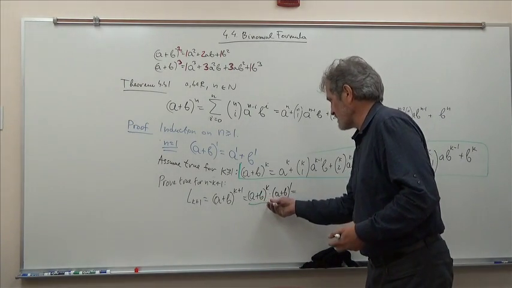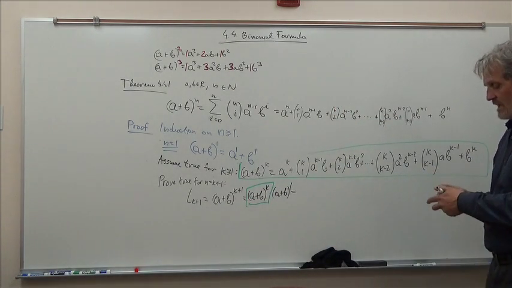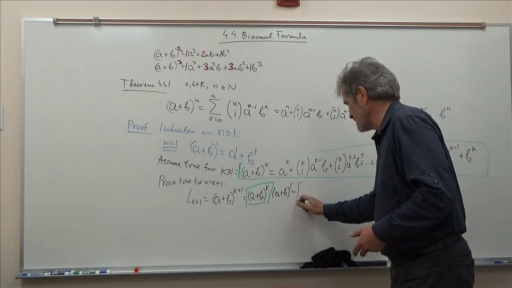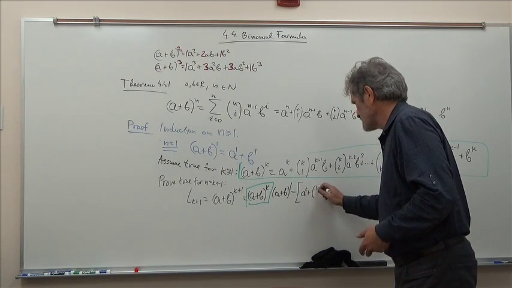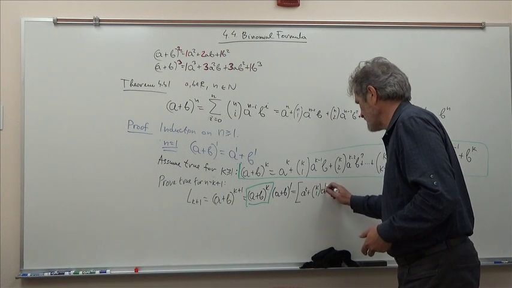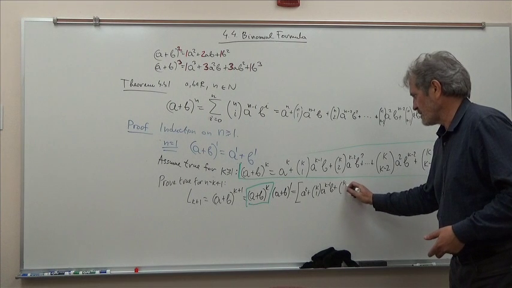Now what? Of course, this is my green guy. So I can replace it with all this that I have. Lots of writing, but it's okay. a to the k plus k choose 1, a to the k minus 1 b, plus I'm just copying this.